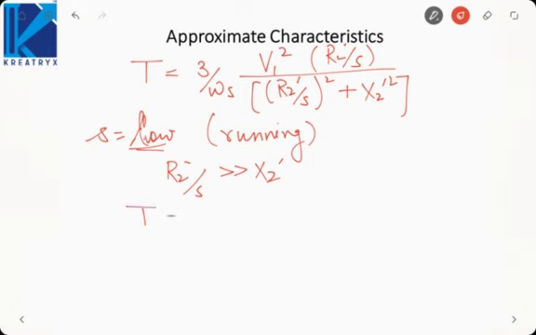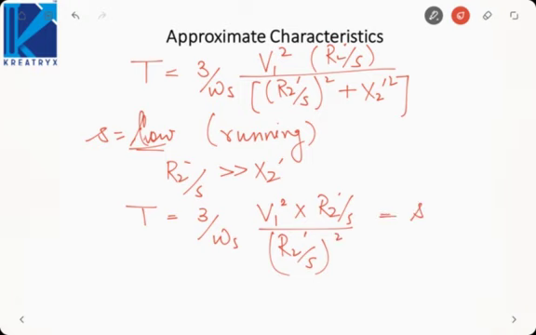So this torque would become 3 by omega s, v1 square into r2 dash by s, divided by (r2 dash by s) whole square. So it will be s v1 square by r2 dash into 3 by omega s. So torque is directly proportional to slip.